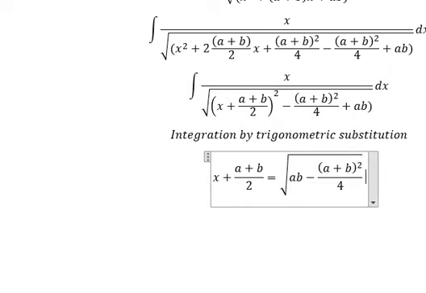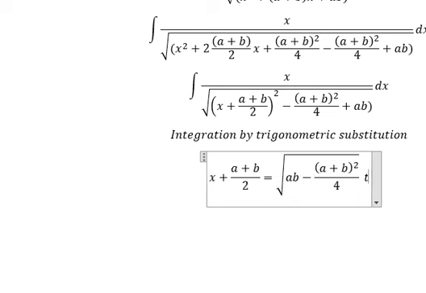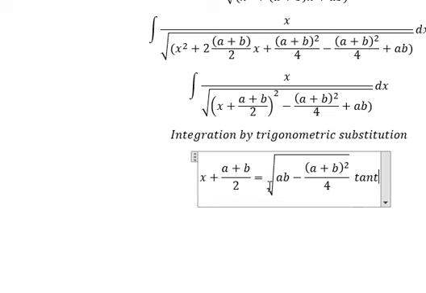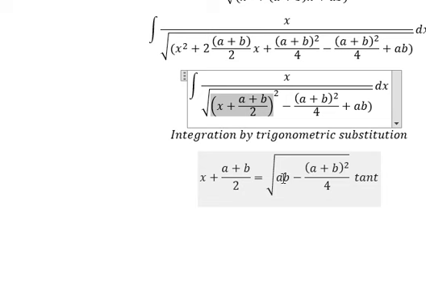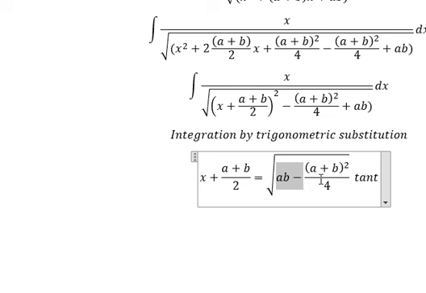So I will use tan t, because if I put this one here, you get ab with this one tan t squared. So this one and this one we can factorize. Tan squared t plus 1 we change to secant squared t, and later we simplify the square root and ds.